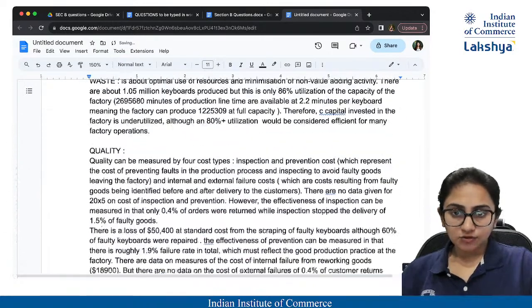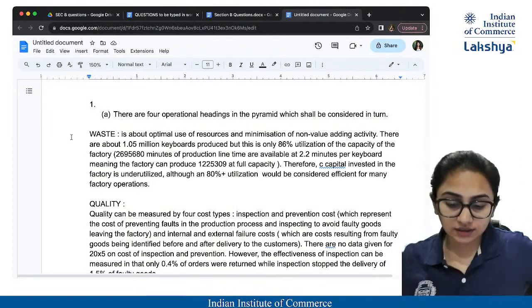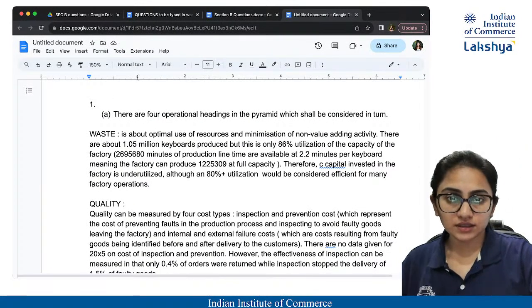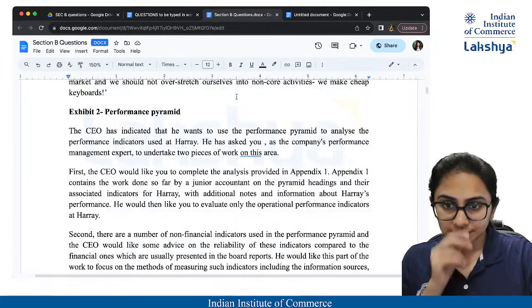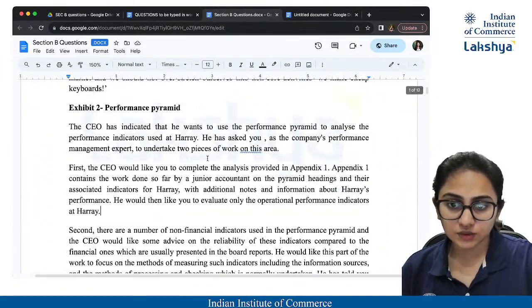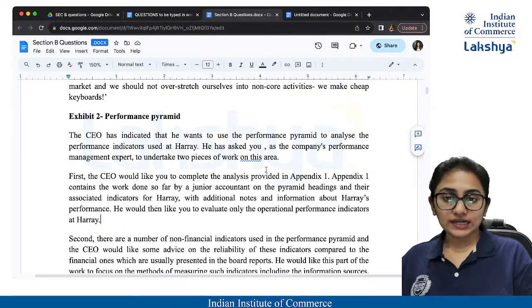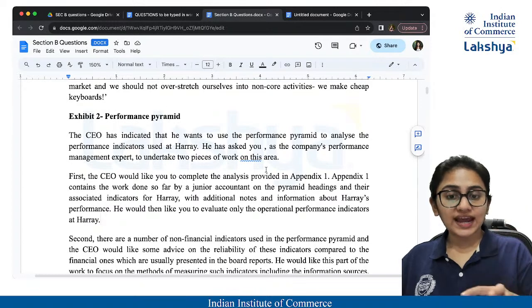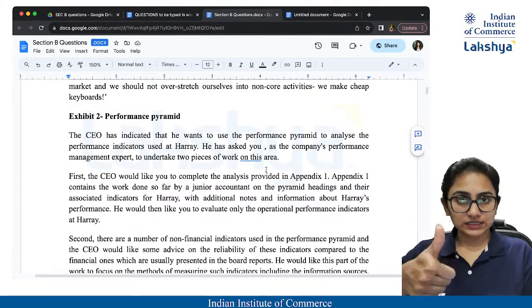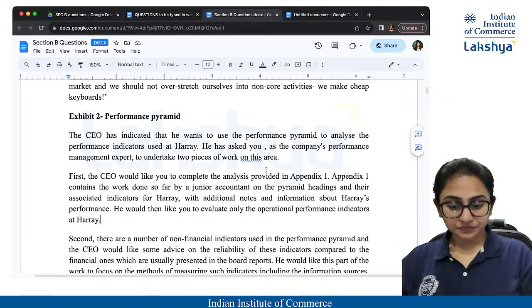So we had to do the four operational headings. They had told us to use the performance pyramid to analyze the performance indicators, and we analyzed the performance using cycle time, how good our performance is upon delivery, upon cycle time, upon waste, and upon quality.